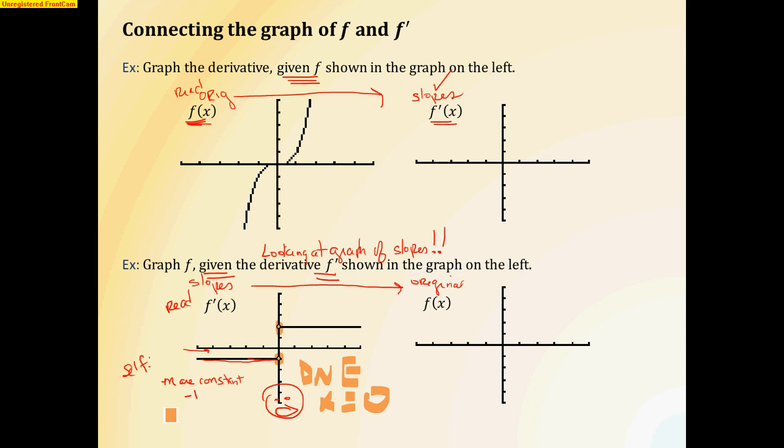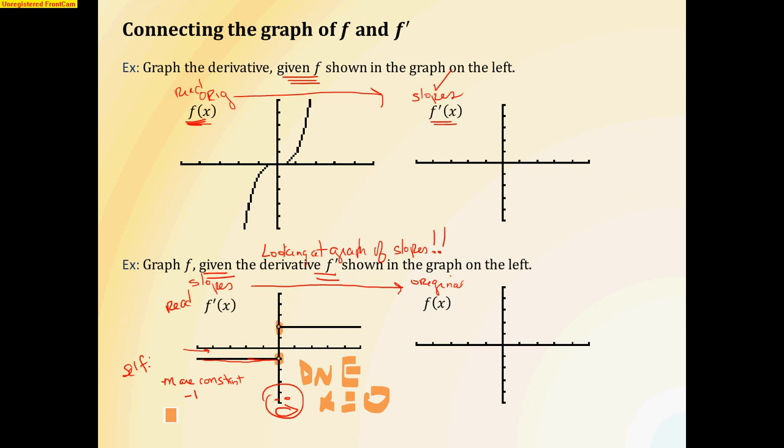Slope does not exist. Does that mean that I have a break in my graph? Wait. Derivative not existing does not mean the graph doesn't exist. It means the slopes from the left are not the same as the slopes from the right.